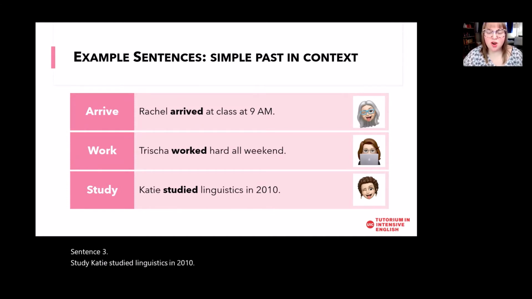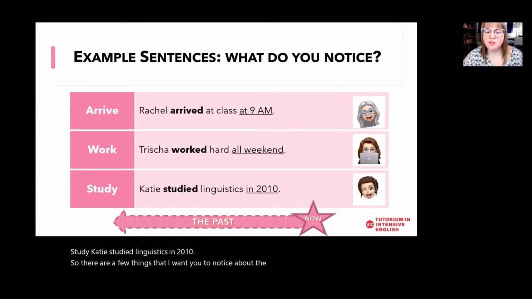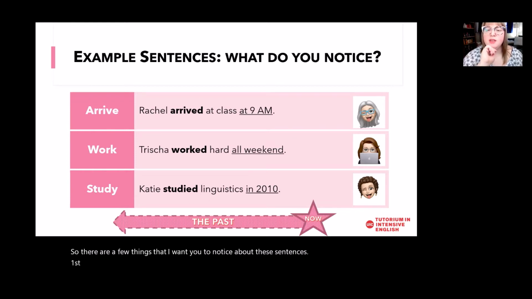So there are a few things that I want you to notice about these sentences. First of all, I want you to notice the time markers. In sentence 1, we have at 9 a.m. In sentence 2, all weekend.